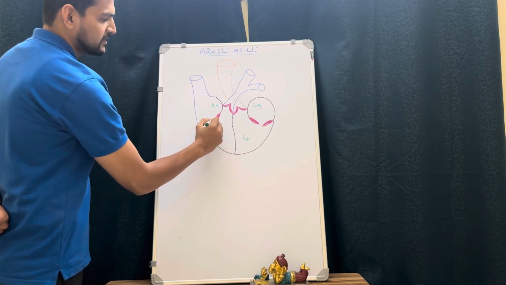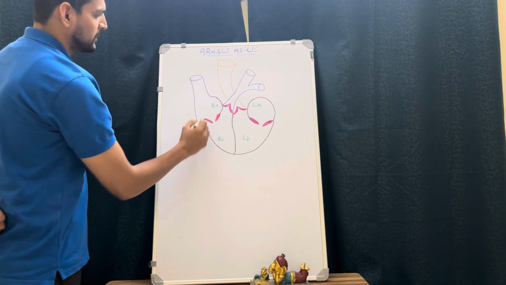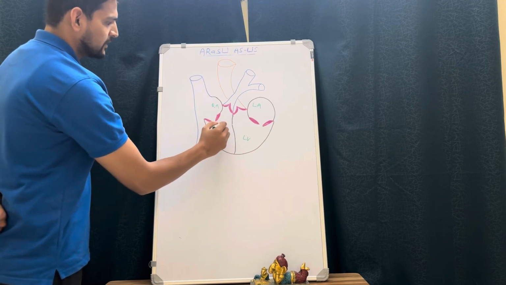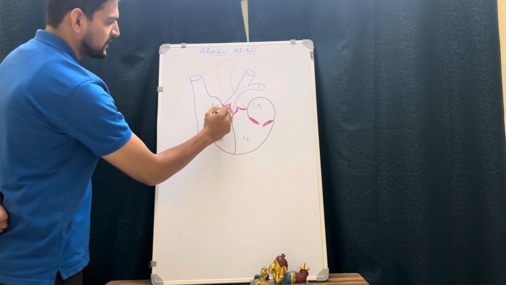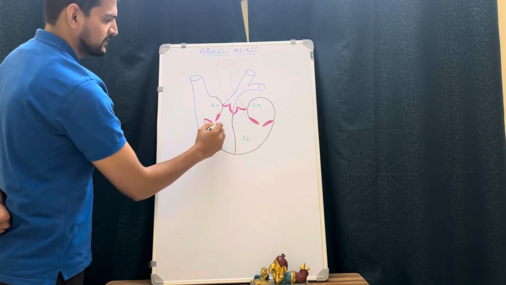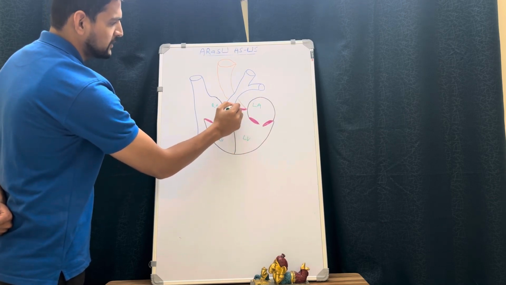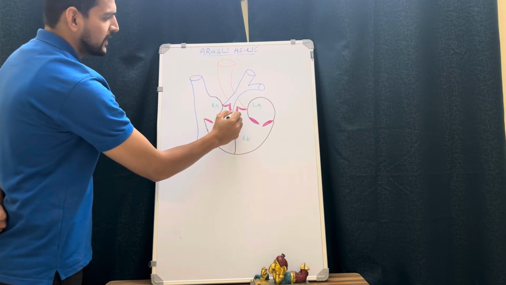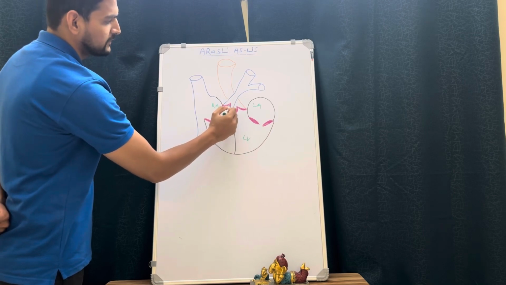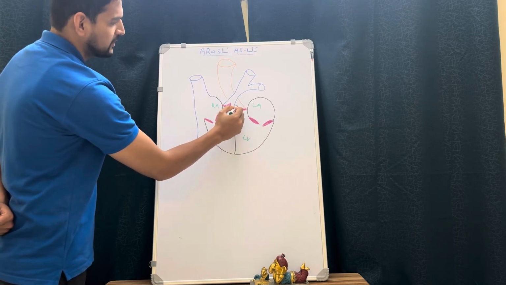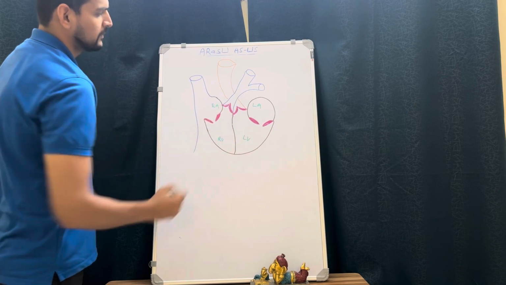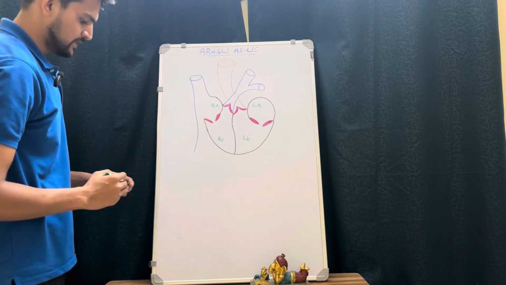This is the tricuspid valve, and this is superior vena cava, inferior vena cava, and as an outlet from the right ventricle there is pulmonary vasculature. And from the left ventricular outlet there is aorta, and at both of these great vessels we will get the aortic valve and pulmonary valve. So these are the structures to label.